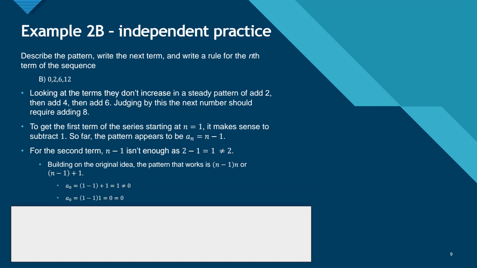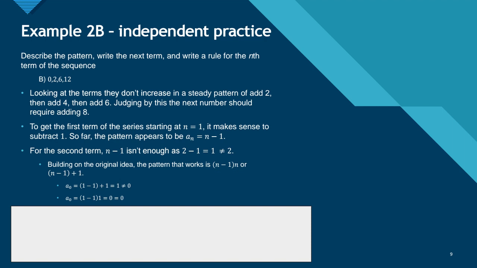So if you test this out they both work for the second term of the sequence, because 2 minus 1 equals 1 times 2 is 2, and 2 minus 1 equals 1 plus 1 also equals 2. But when you apply this to the first term, a sub 1, you get 1 minus 1 plus 1 equals 1, but 1 does not equal 0.